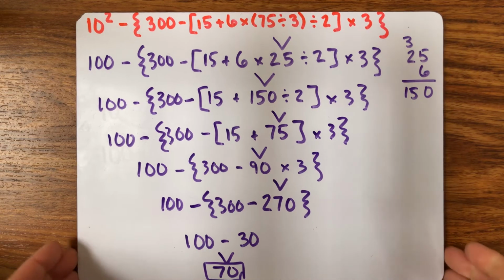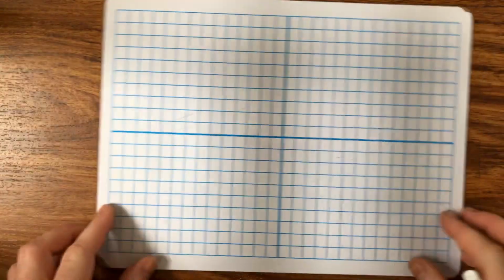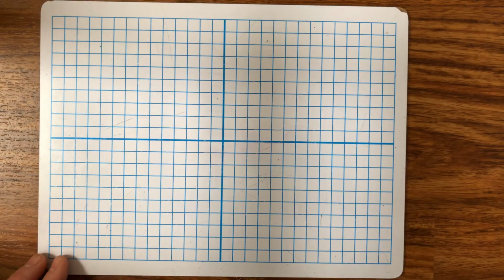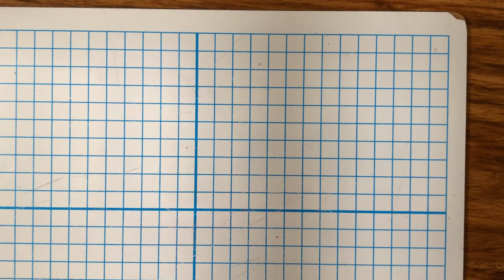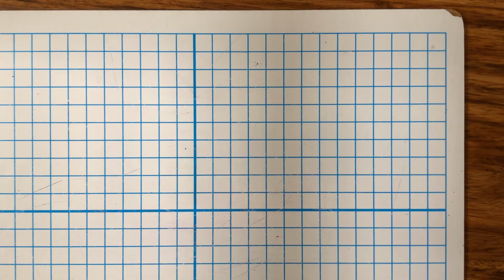All right. So now we're going to continue the coordinate system. And today what we're going to be doing, we are going to be graphing. So we're going to be given an ordered pair, and from that ordered pair, we're going to graph it on the coordinate grid. All right, so again, I'm going to label this horizontal line.